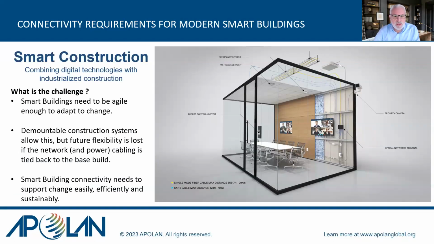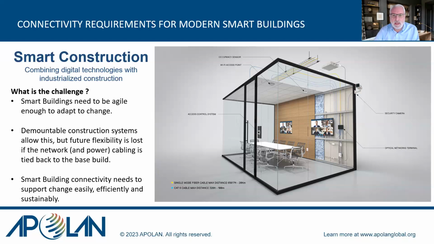One of the challenges we have, and this really comes from my side of the business on construction, is that people are asking now for adaptable, agile interior spaces, but a lot of the time the network or even the power infrastructure is tied back to the base build. By having that network or power cabling tied back to the base build, we lose a lot of the flexibility and scalability for the future.